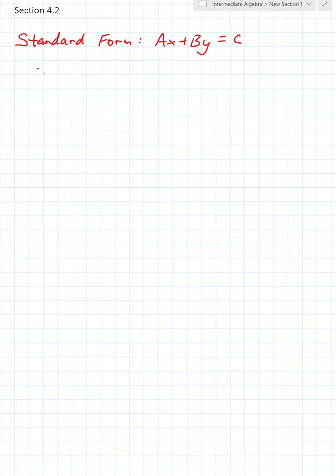Remember, we can find the x-intercept, and the way we can find the x-intercept is by taking c divided by a, comma 0. And then we can also find the y-intercept. And to find the y-intercept, we would have to do 0, comma, now c divided by b.